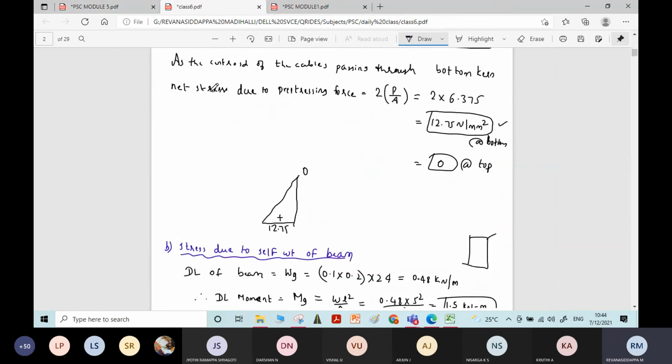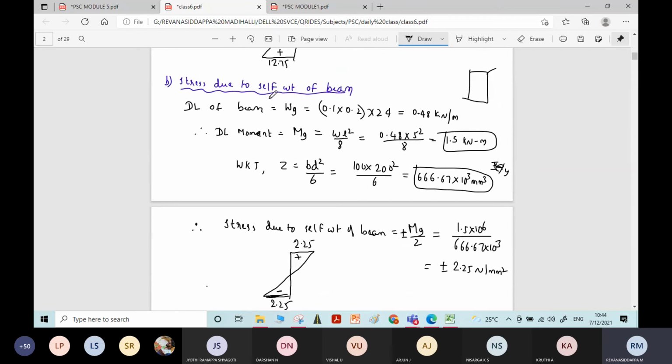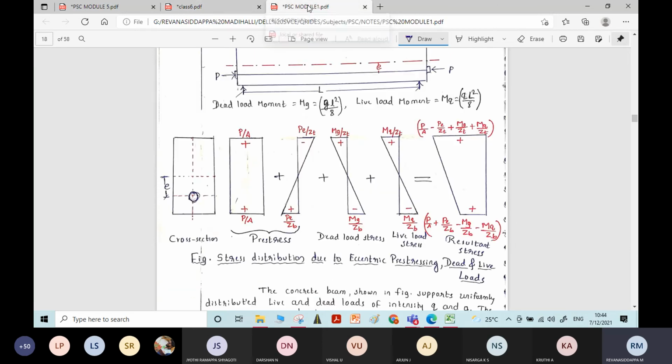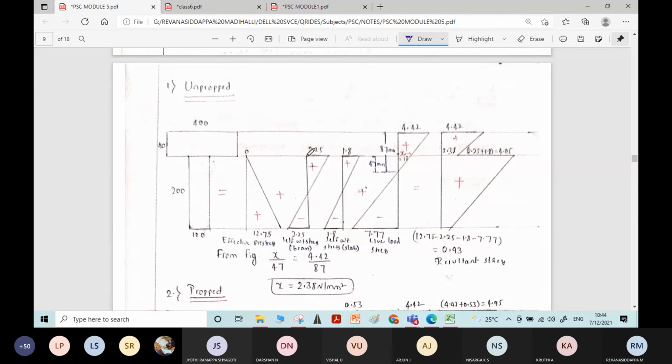Okay, then A is over, B is what? Stress due to self weight of the beam. Here we have the diagram, plus 2.25 and minus 2.25. Okay, that I have written.